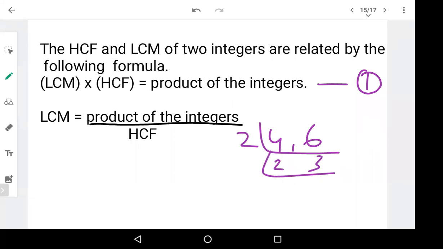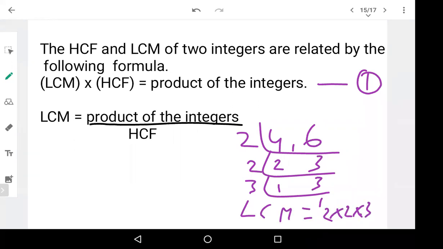Any method you can use, that is up to you. So what will be the LCM? 2 2s are 4, 4 3s are 12. Okay, LCM is 12. Now can you find the HCF of 4 and 6?